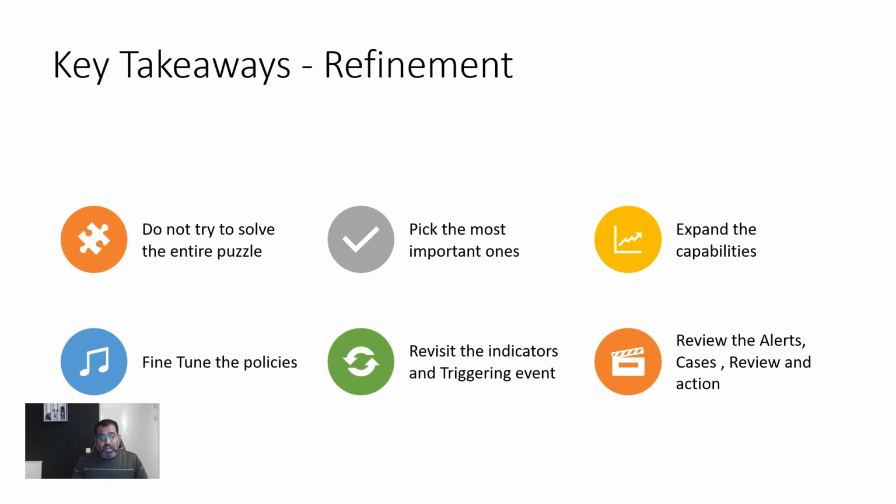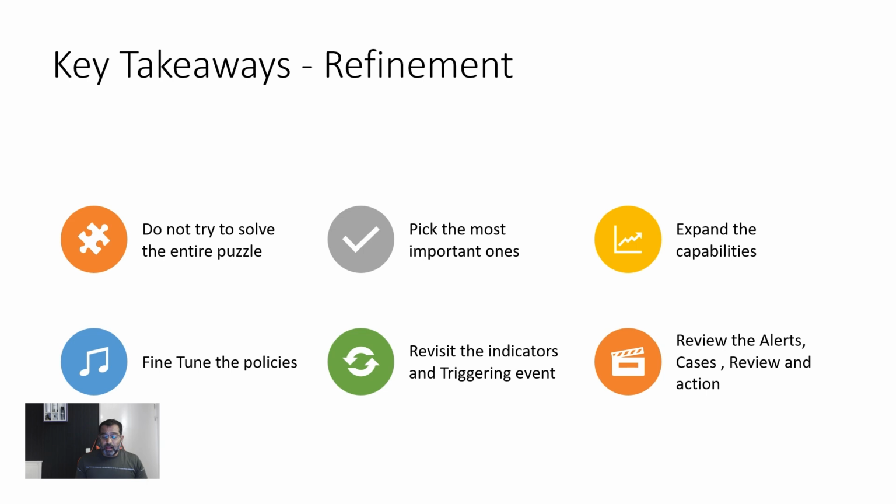And of course you need to have proper fine tuning of the policies, because you need to continuously fine tune the policies, because it's not something like fire and forget. Always you need to look into the recent trends and what are the changes that you need to make in your organization.